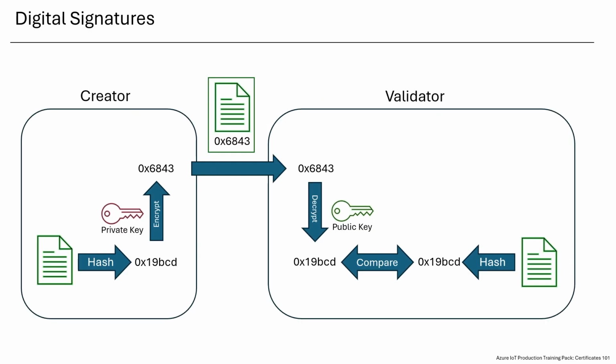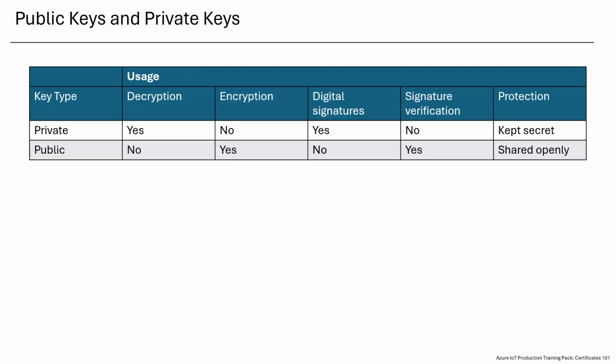Asymmetric cryptography also works to support digital signatures, where a document can be hashed and then the hash is encrypted with a document owner's private key. Anyone can validate the signature by decrypting the signature with the public key and comparing the document's hash to a computed hash. This table summarizes public and private keys. It's present in the online documentation that goes with this video for your future reference.